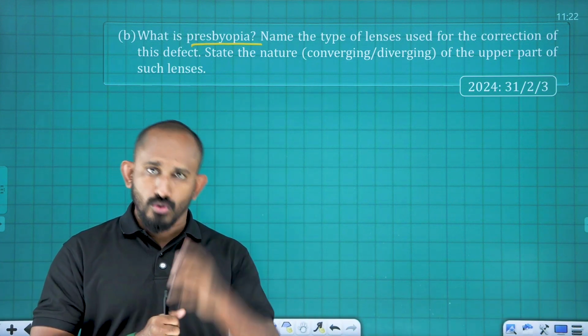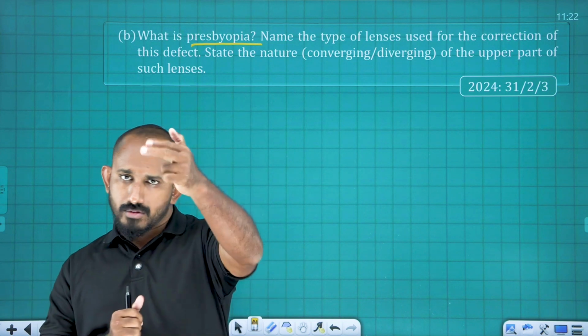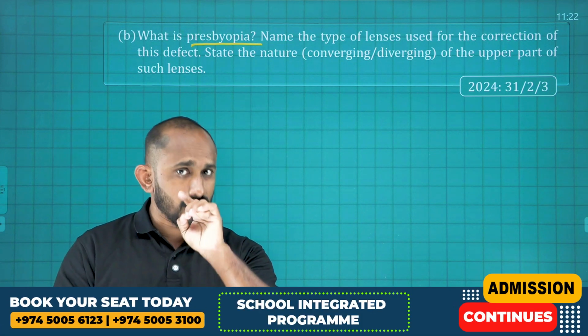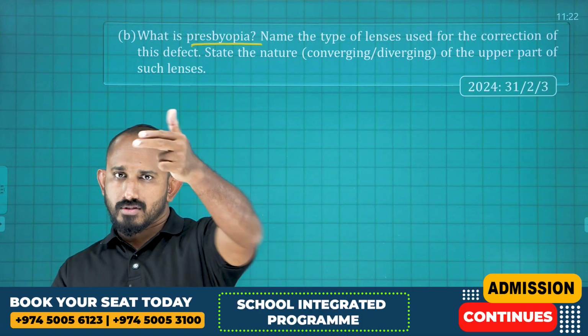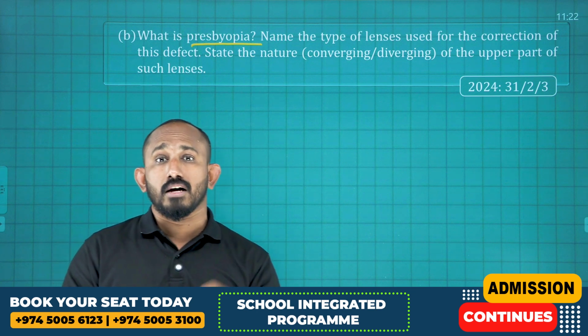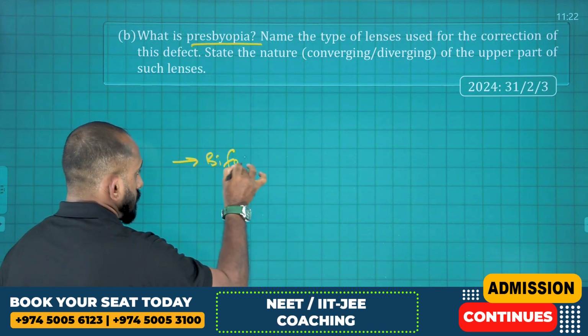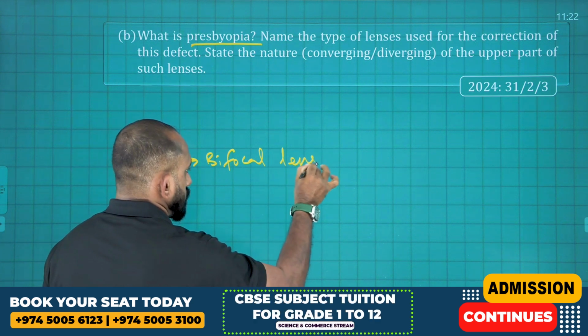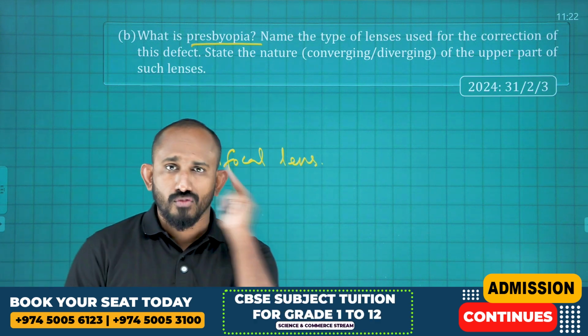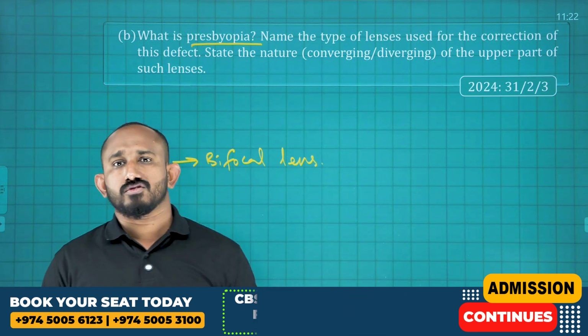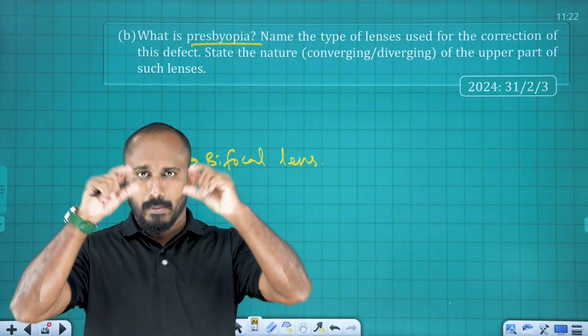So two concepts are there. One, to see far objects, they have to use concave lens. They have to use a bifocal lens. Bifocal means there are two focal lengths, two parts of the lens on the same specs: upper part and bottom part.